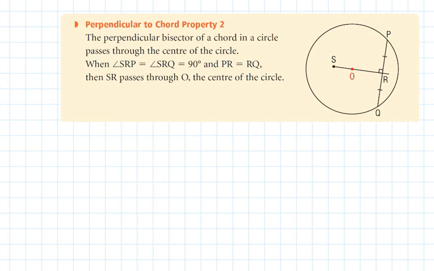So in this case, if you're looking for the center of the circle, you can have a chord on a circle, and you draw a perpendicular line to that chord straight out, and that line would go through the center of the circle. Again, they're all the same thing, but it depends on what your starting point is and how you can find it. So here you can find the center of the circle from a chord.